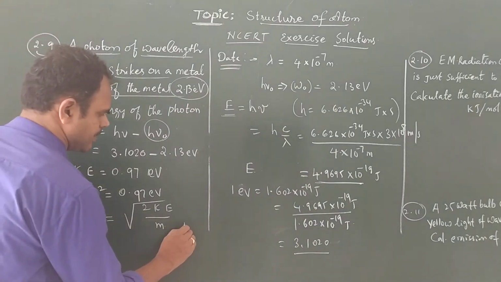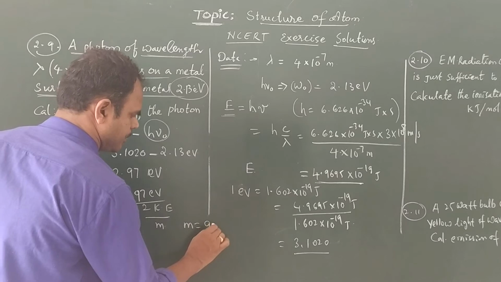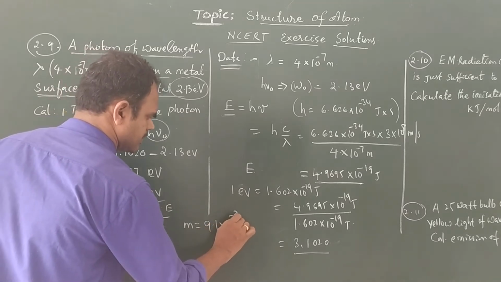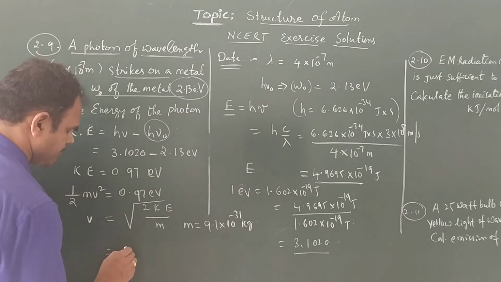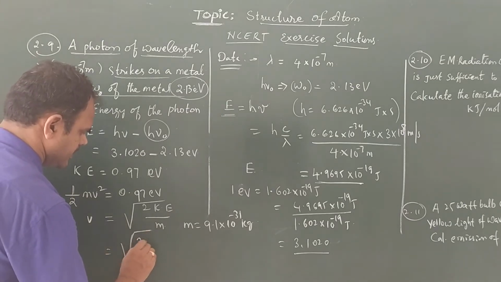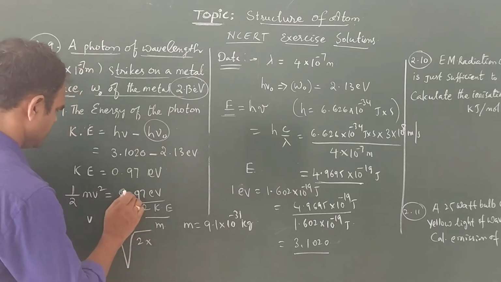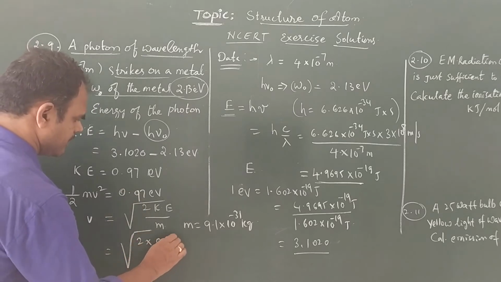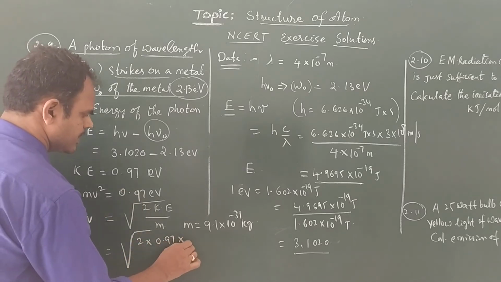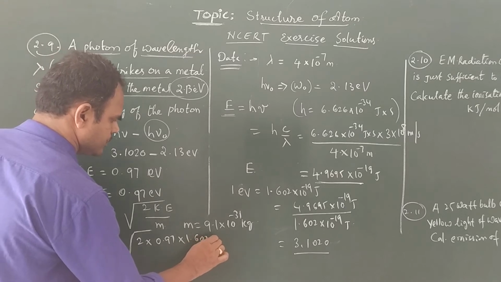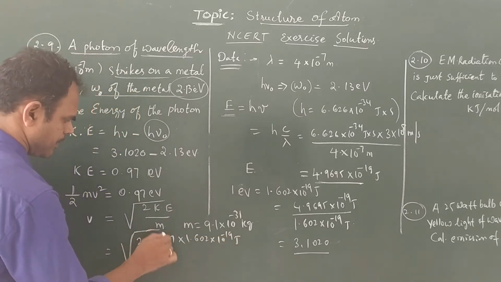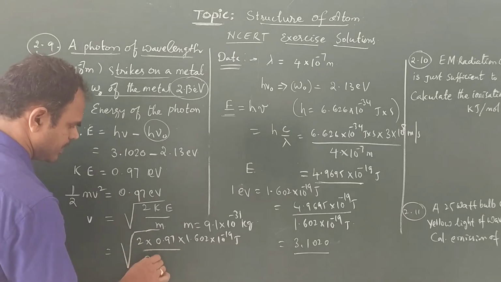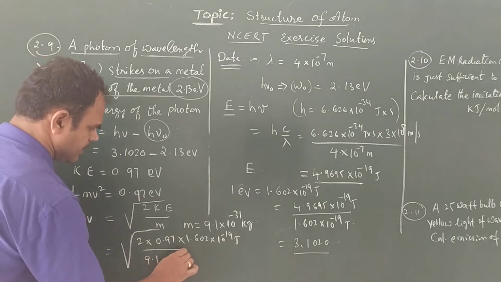Mass of the electron equal to how much? 9.1 into 10 to the power of minus 31 kg. So now we can substitute here. 2KE, meaning kinetic energy, how much did you get? 0.97 electron volt, so you can take 1.602 into 10 to the power of minus 19 joules upon mass of the electron, 9.1 into 10 to the power of minus 31 kg.